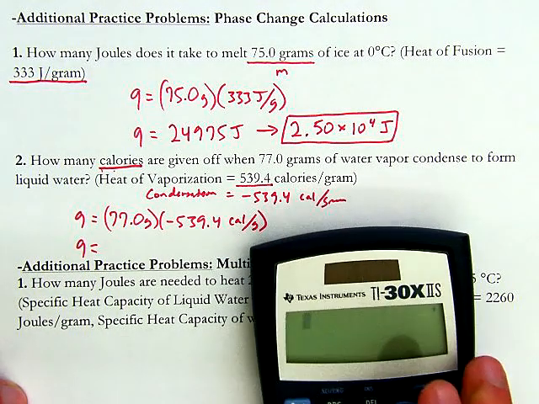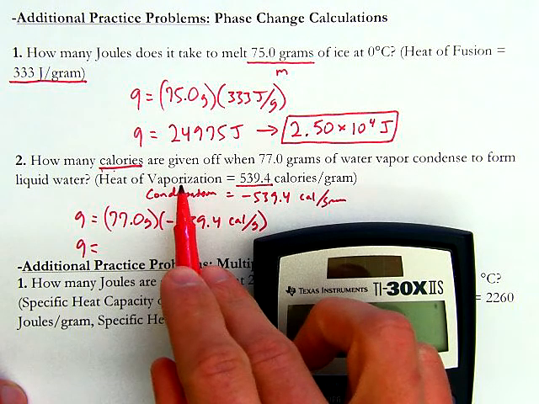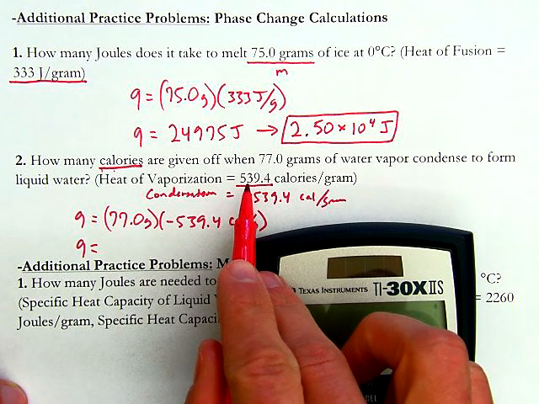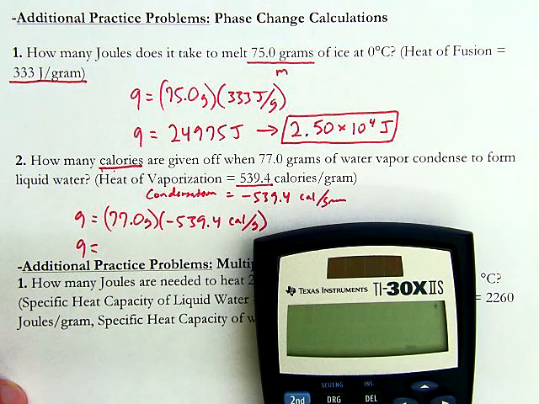If we do this, we get Q, and Q should come out to be a negative number because this is going to be an exothermic process, right? Going from a liquid to a gas, vaporizing, requires energy. Going from a gas to a liquid, condensation, releases energy. So we're going to take 77 times minus 539.4.